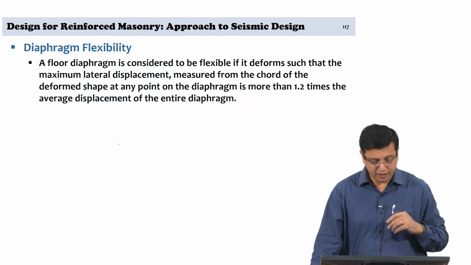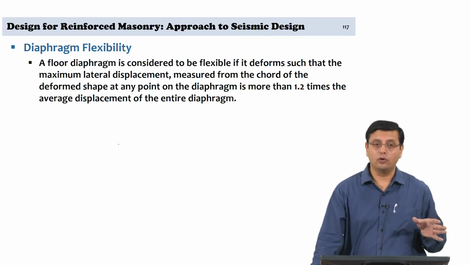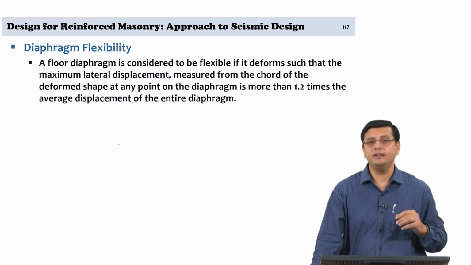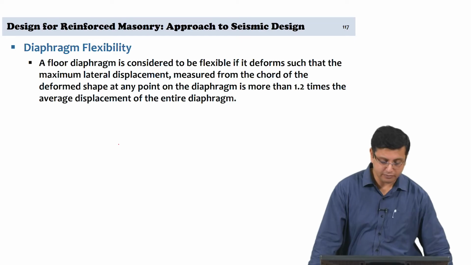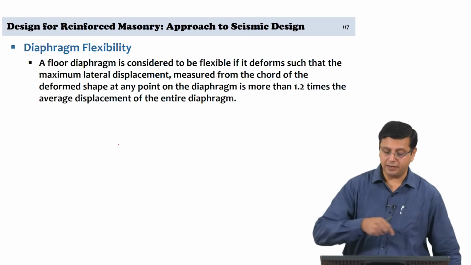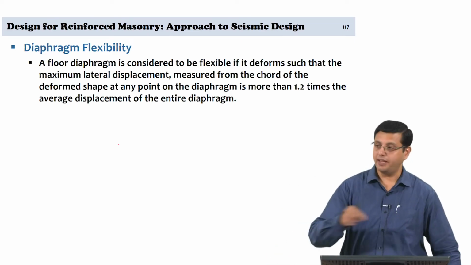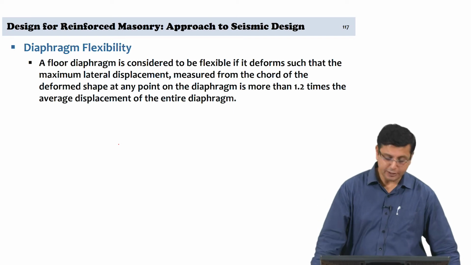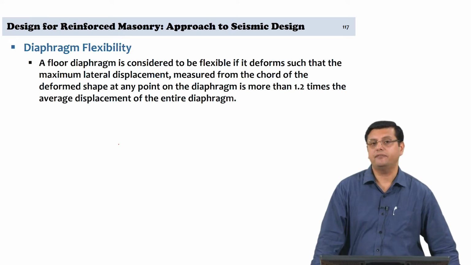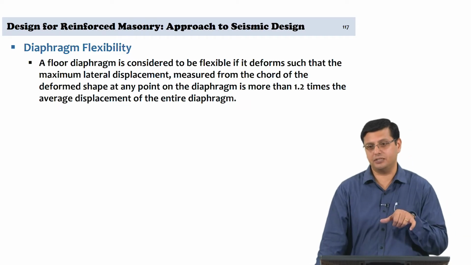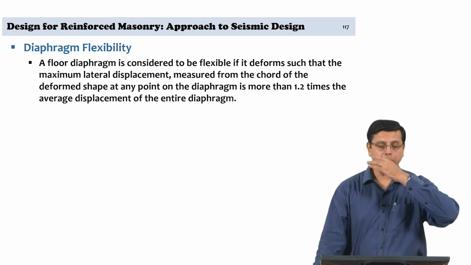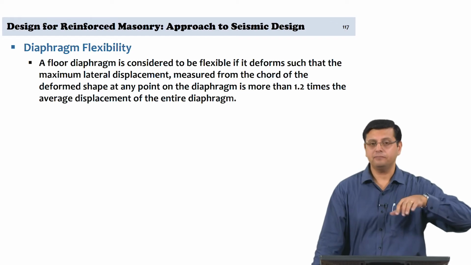So, a floor diaphragm is considered to be flexible if it deforms such that the maximum lateral displacement, measured from the chord of the deformed shape anywhere, is more than 1.2 times the average displacement of the entire diaphragm. So, you estimate the average displacement assuming it is going to deform in plane.